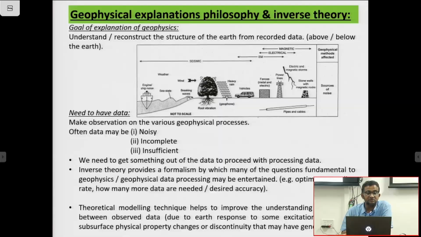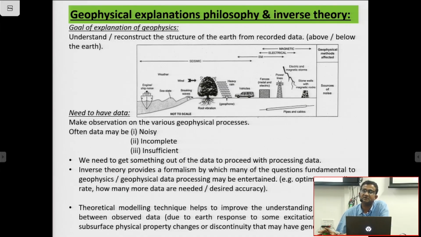And so noise is one issue when we actually collect the data in the field. The sources of noise are different. It may be human generated, or it may be generated by the natural variability of your signals. It may be power line noise.